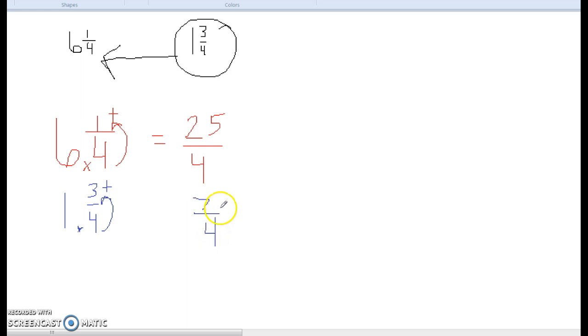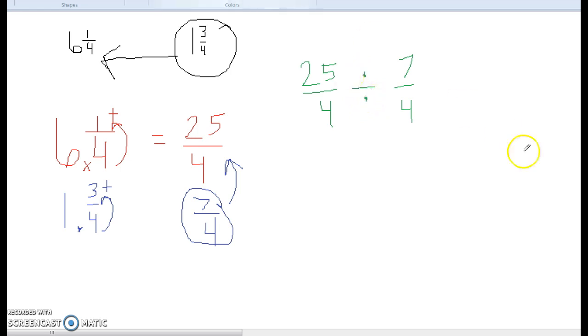Now what we're trying to do is figure out how many of these will go into this. So we're taking 25 over 4 and dividing it by 7 over 4. A little trick whenever it comes to dividing fractions, if you don't remember this, you need to put it to memory: whenever you're dividing, you take your second fraction and flip it and then change it to a multiplication problem.